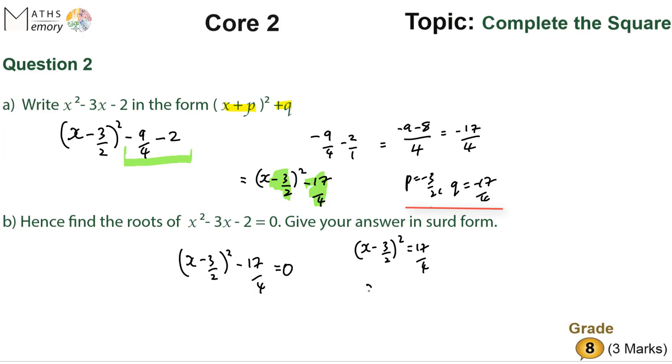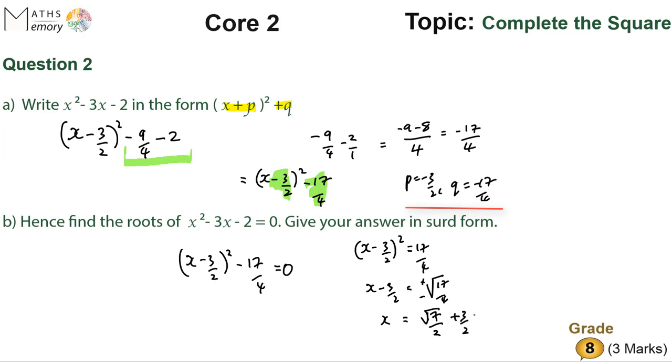Now let's square root both sides. So x minus 3 over 2, we'll get rid of the brackets, equals the square root of 17 over 4. We'll put a plus and a minus, because you can have positives times positives to give you this, or negatives times negatives. Now we're going to find the final value of x. X equals, let's say the positive version, root 17 over 2, because we can square root the denominator, plus 3 over 2.